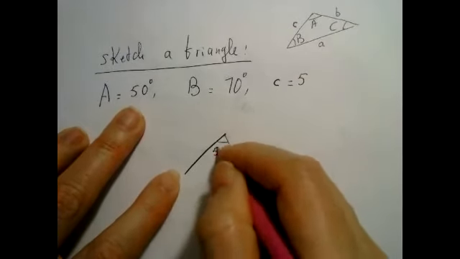Now, suppose I tell you, find B. Can I use the law of cosine to find B? I want you to take the law of cosine, stare at it, and see what's the issue with that.